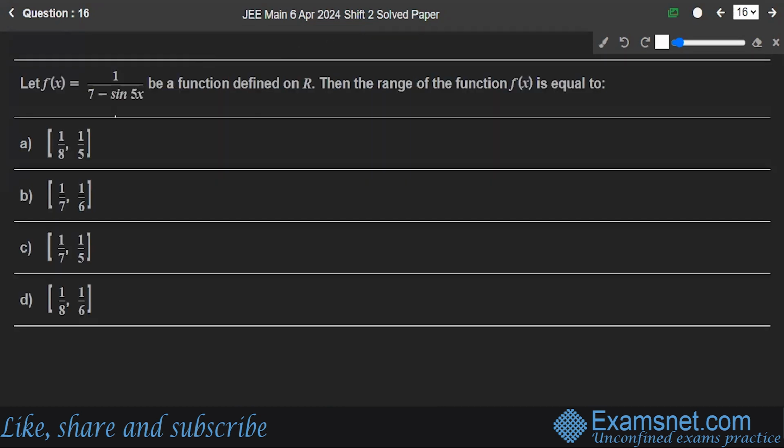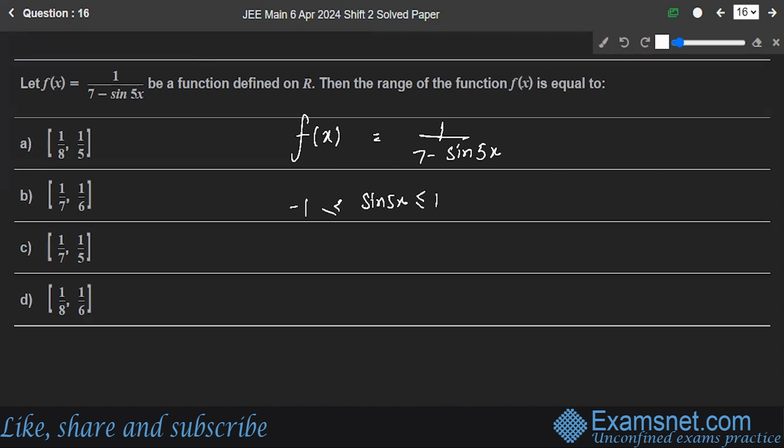Question number 16, let f(x) is equal to this be a function defined on R, then the range of this function is equal to. So here you have this function, right? And you know one thing, that sine of any angle always lies between -1 and 1, right?